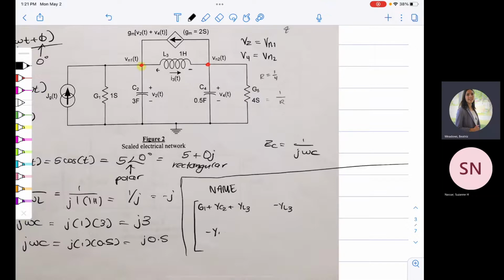So then we just translate that over here. Now what's going into VN2? And? Okay, just multiply that by our two node voltages.